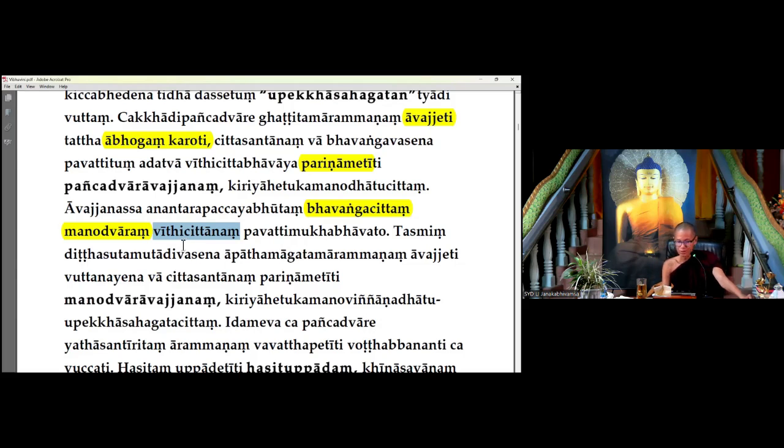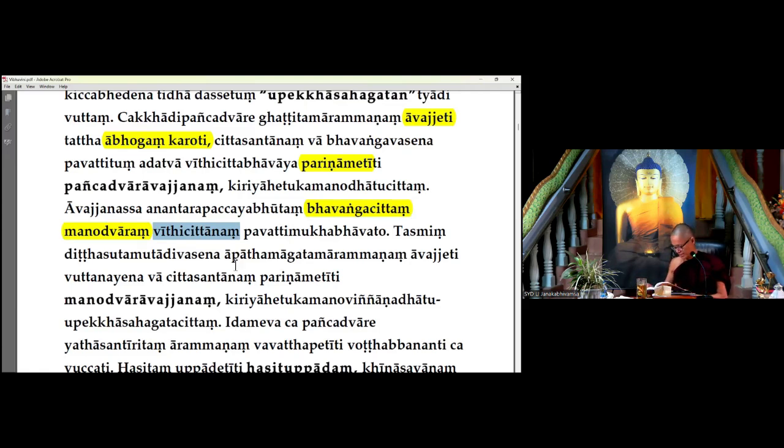If so, Manodvāra means Mano and Dvāra. Dvāra is a cause; the meaning of Dvāra is mukha. So what is Mano? The definition of Mano is Vīthi Citta, Vīthi Cittāna.